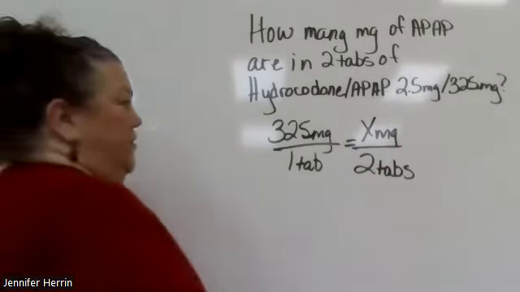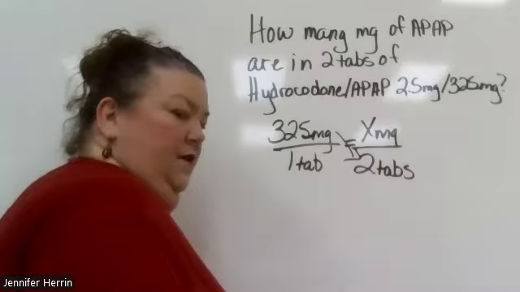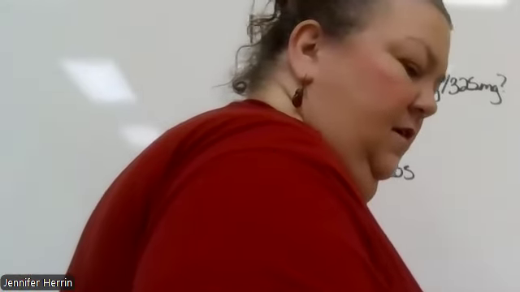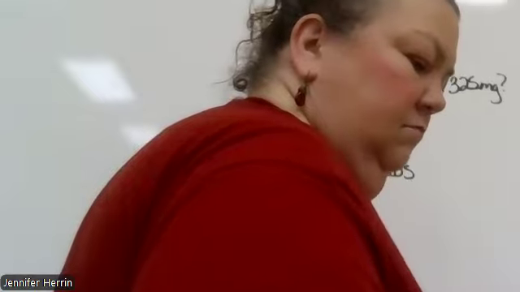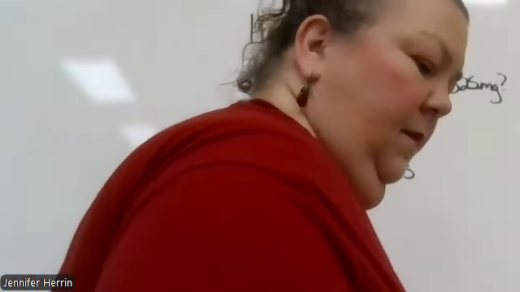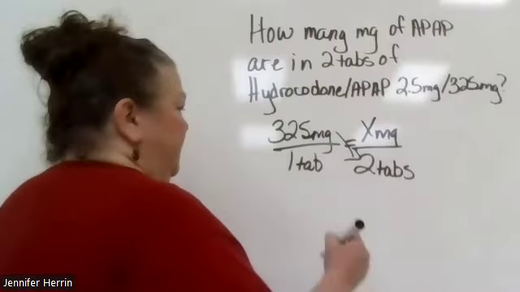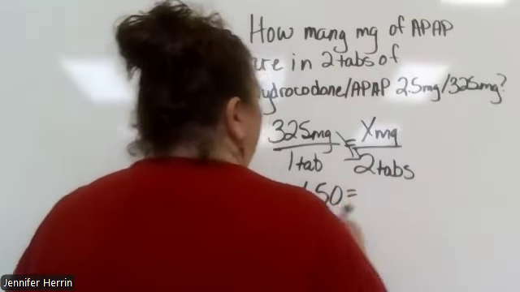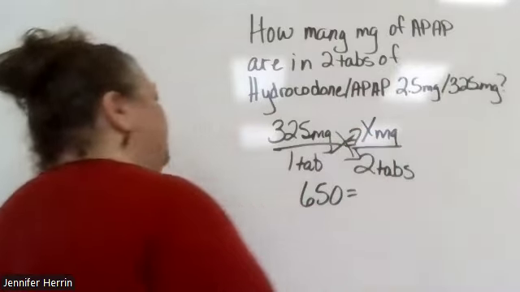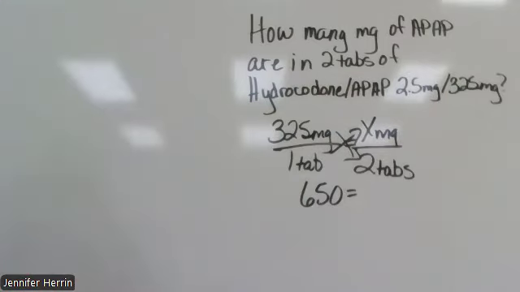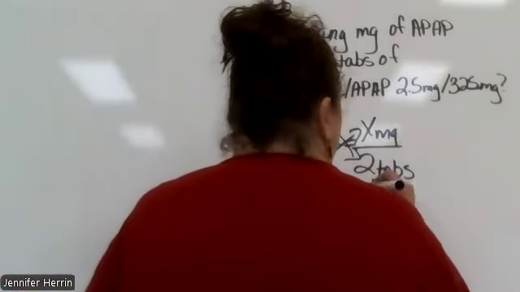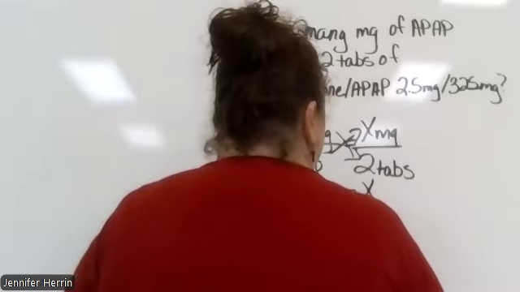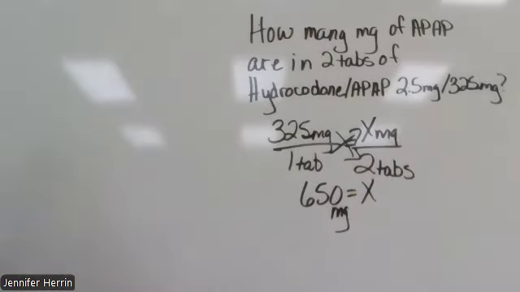Which is just going to make us do 325 times 2, which is 650. And when we cross multiply the other direction, we get 1x, which is just going to give us x. So that is 650 milligrams contained in the 2 tablets.